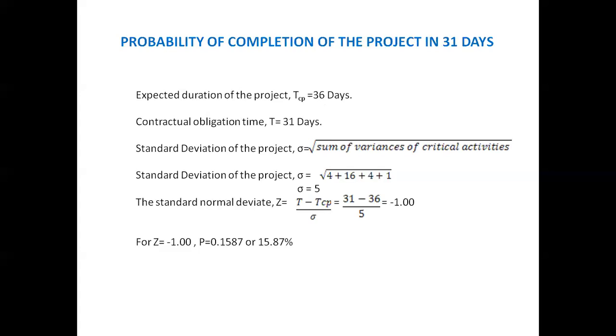Suppose the contractual obligation time is less than the project duration, then the probability of completion of that project will decrease, or it is less than 50%. So here this is 31 days, which is less than 36, so the probability of completion of that project on the obligation time is less than 50%, that is 15.87%.